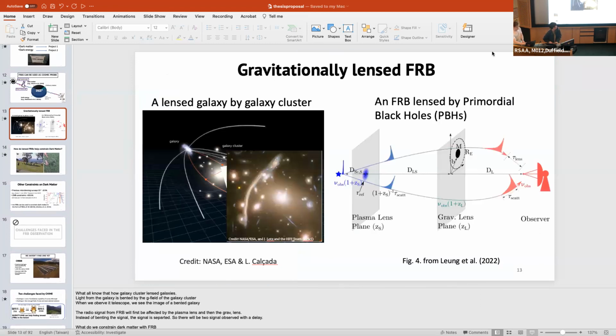So from this plot right here, I was showing that lensed FRBs are lensed by plasma lens and also the primordial black hole, which is a gravitational lens. So in terms of the signal, they will be separated due to the lensing effects. You would see two signals instead of just one, and there is a time delay of tau lens in this case. So that's how we see a signal. But if you are asking how am I going to differentiate this from repeating bursts, sorry, I don't have an answer on this.